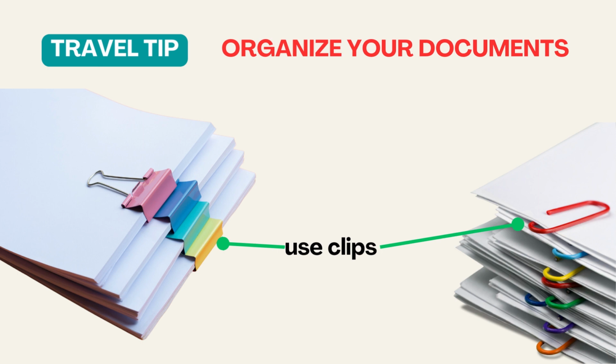Make sure that you organize your documents with the use of paper clips or bulldog clips. Take note, you are not allowed to staple your documents. Organize them according to the sub-theme or subtopic by using different colors of paper clips and a little note.